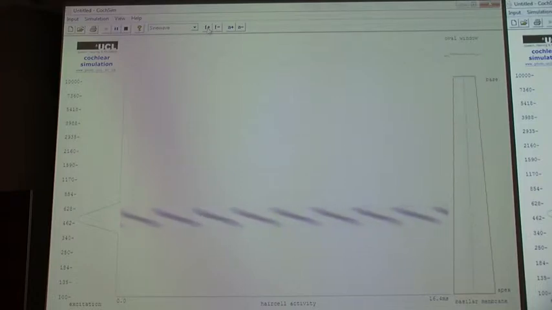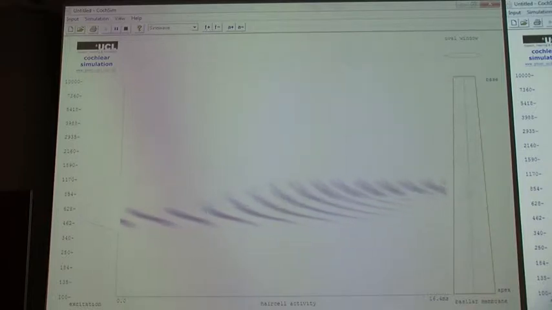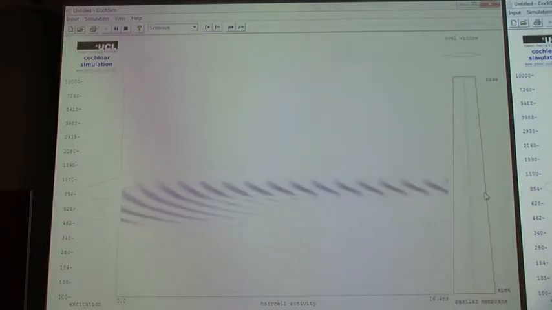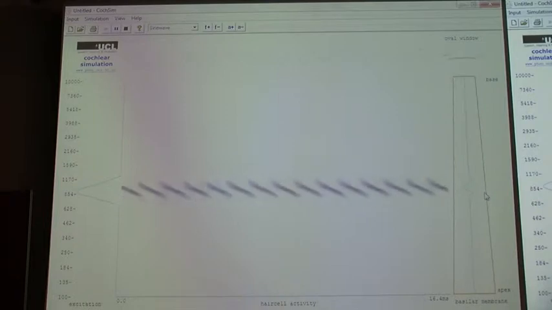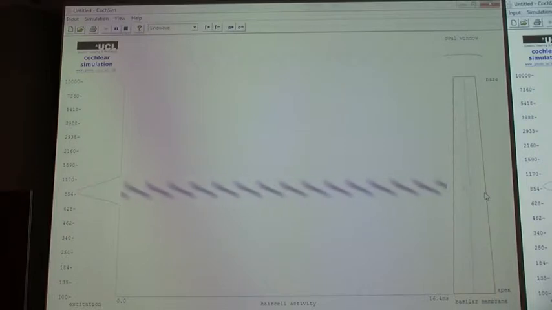If I increase the frequency, then hopefully you'll see it's now this part of the basilar membrane which is vibrating most. Each point on the basilar membrane prefers to vibrate at a different frequency. So if you put in a signal which only has one frequency, then there will be only one place on the basilar membrane that vibrates.